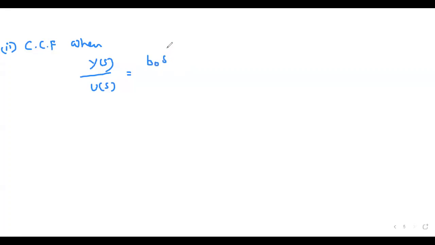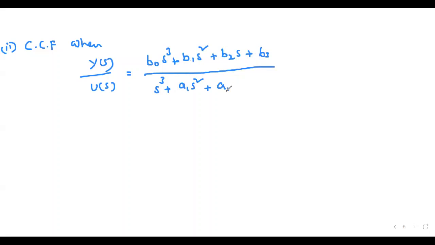So it is b naught s cube plus b1 s square plus b2 s plus b3. Denominator is s cube plus a1 s square plus a2 s plus a3. Suppose this is the given transfer function. Now we will calculate the controllable canonical format.